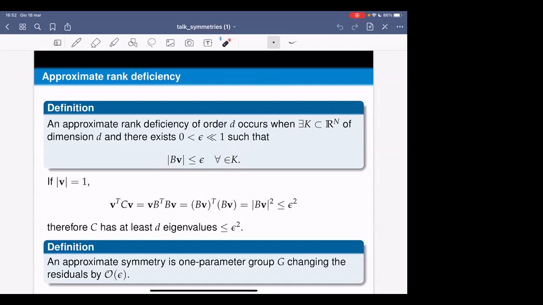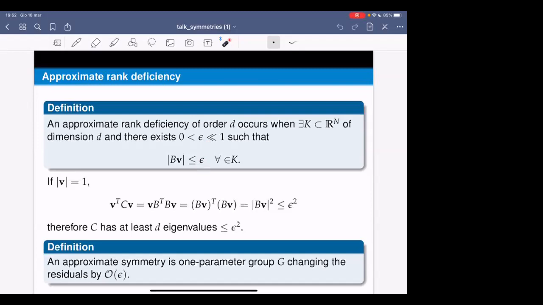In the case of exact rank deficiency, v would have been a vector of the kernel, and this product would have been the zero vector. In this case, we are admitting that there exists a subspace of R^n where the product is not exactly zero, but is very close to zero. Epsilon is a small parameter, much smaller than 1.